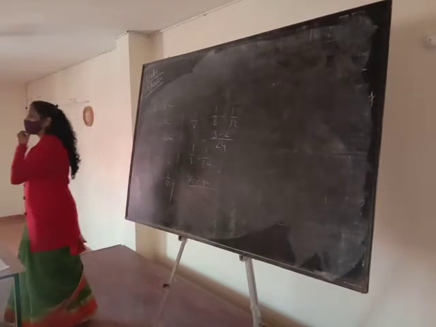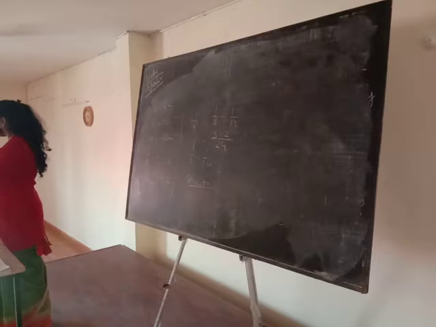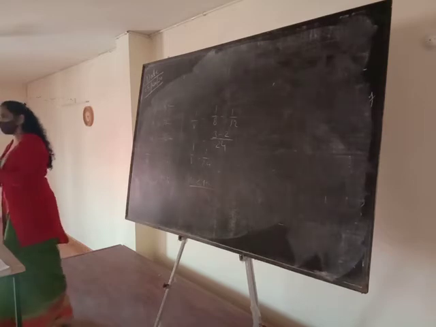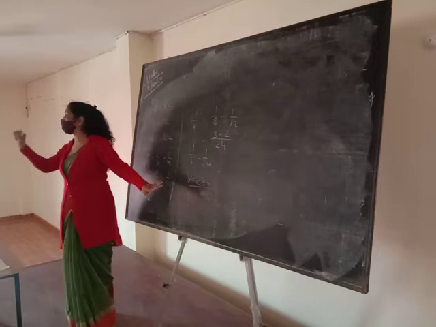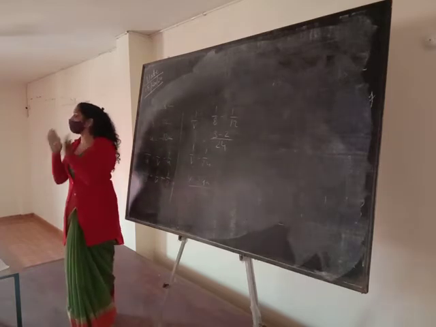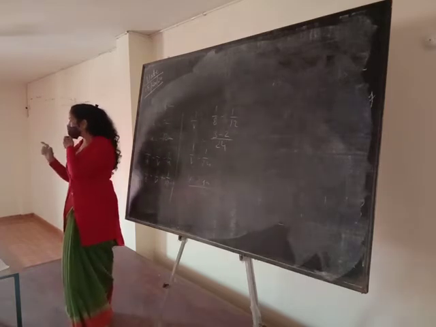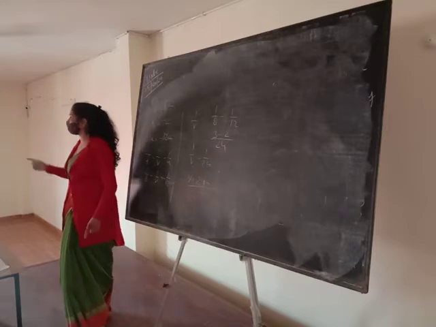Now you find that v is positive, and if v is positive, it represents that the image is real. So we can say the image is formed at a distance of 24 centimeter, and the real image is formed from the lens.